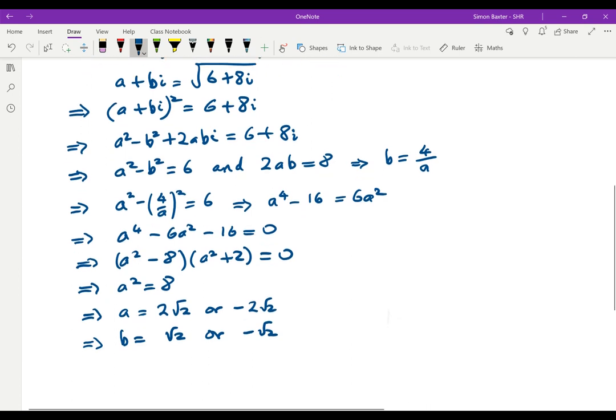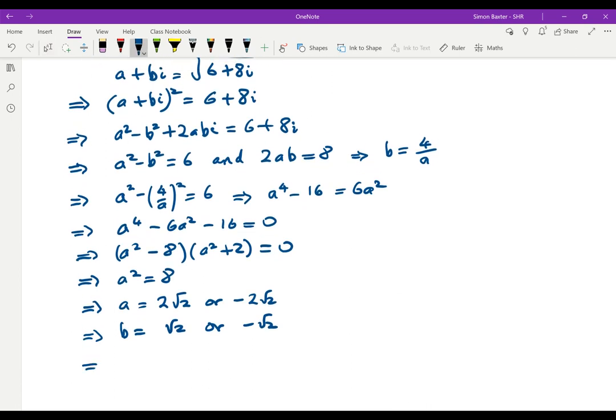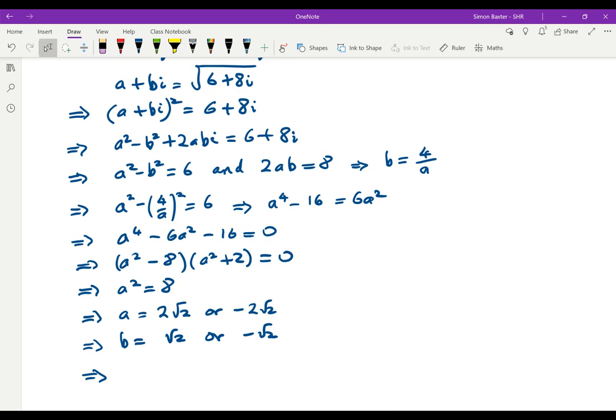And so the square root of 6 plus 8i is 2 root 2 plus root 2 i, or minus 2 root 2 minus root 2 i.